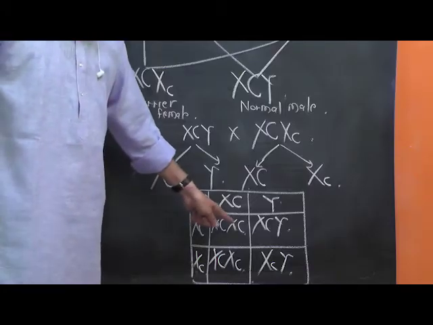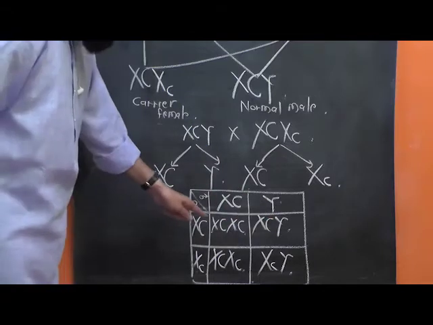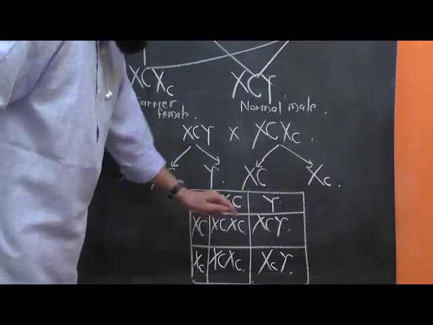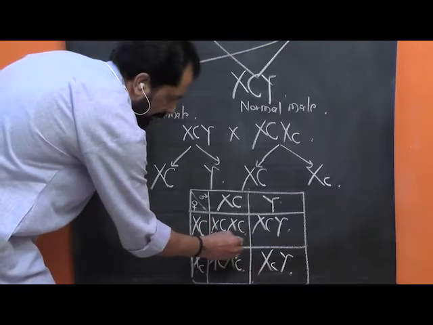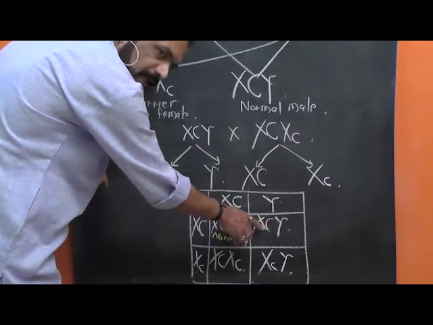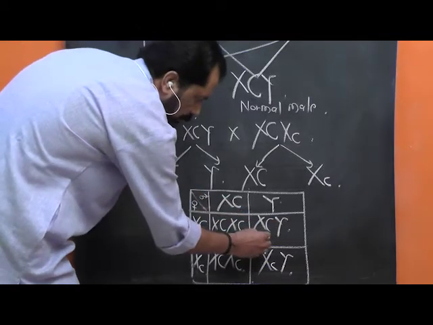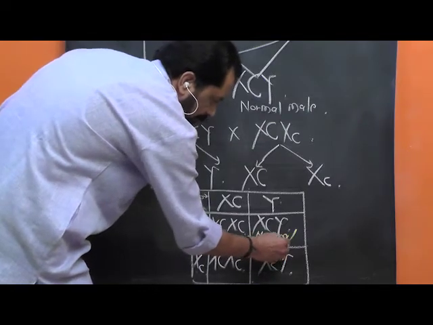Look, XX stands for the female, XY stands for the male. Now here in this female, both the genes are dominant, therefore it is a normal female. Here is a male with dominant gene, so it is a normal male.